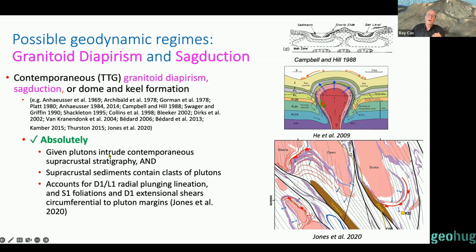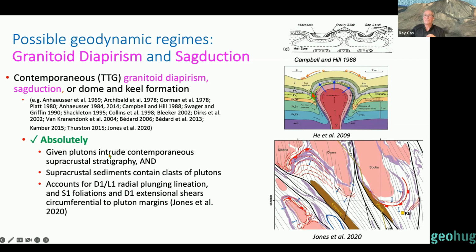But adjacent to those updoming supracrustal stratigraphic sequences that we can see represented there in that figure, we start to see the downwarping or the downfolding of those supracrustal sequences in a process that's, again, for quite some time been described as sagduction.